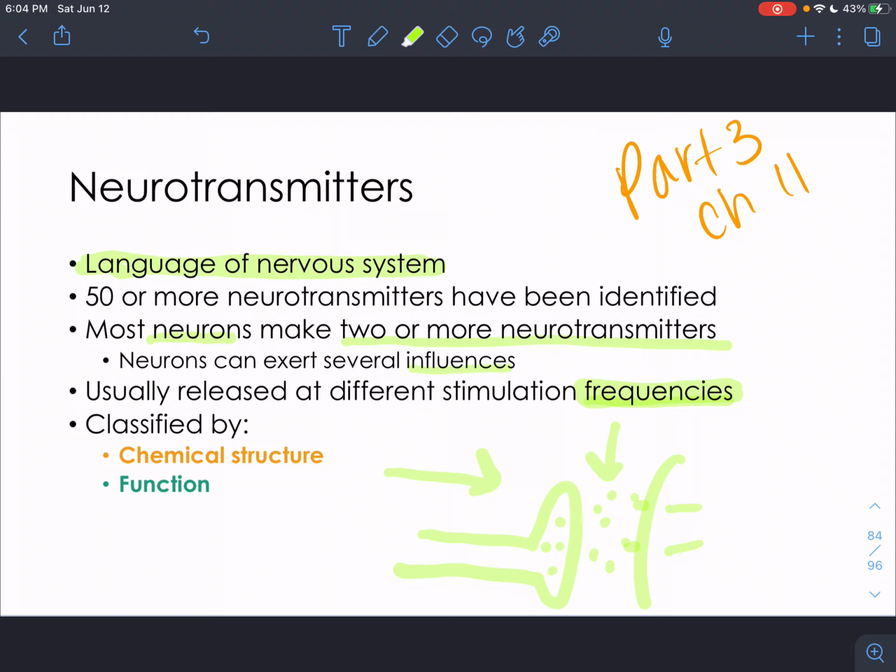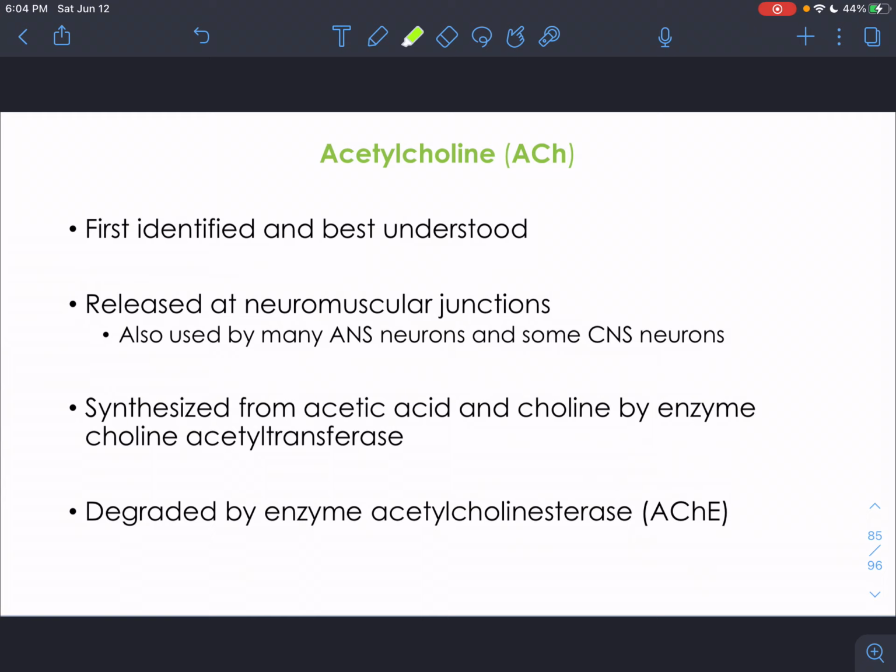Okay, so neurotransmitters we can classify 2 different ways, by their chemical structure and by their function. So we're going to talk about all the neurotransmitters first, just by their chemical structure. So the first neurotransmitter to talk about is acetylcholine, which we've heard before when we talked about muscle physiology. This was the first identified neurotransmitter and the best understood neurotransmitter.